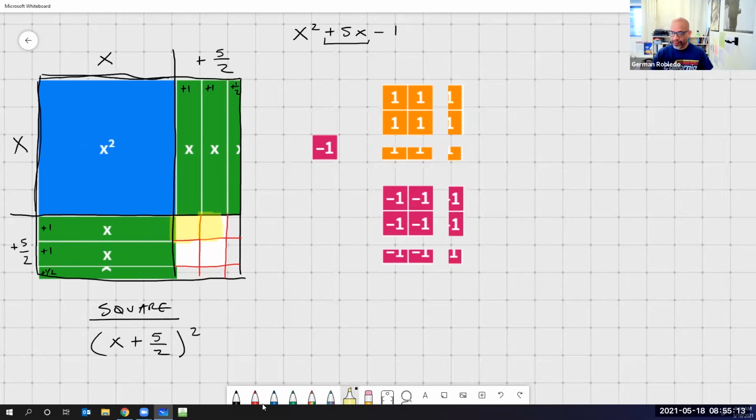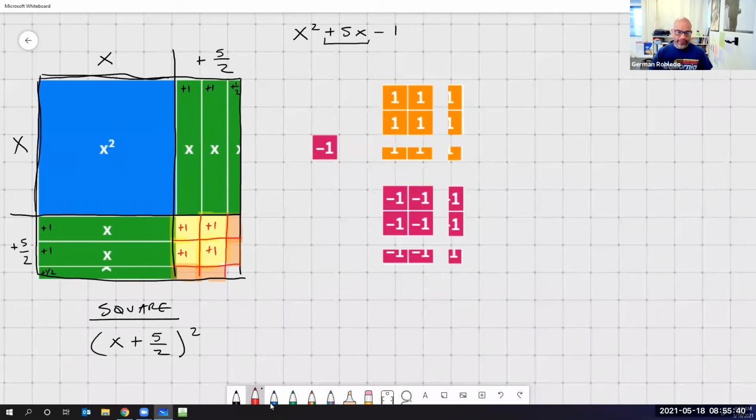This is a complete square, this is a complete square, and this is a complete square. So this is an area of +1, and so is this one, so is this one, so is this one. But these over on the side, this one here, this one here, this one here, and this one here, those are not +1.